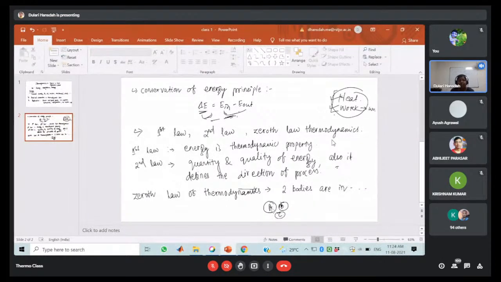If A and B both are in thermal equilibrium with C, then these two bodies will also be in thermal equilibrium with each other. Okay. So that is your zeroth law of thermodynamics. It gives the definition of the temperature. I will also discuss the different temperature scales, and we will also solve some problems related to this. Okay.